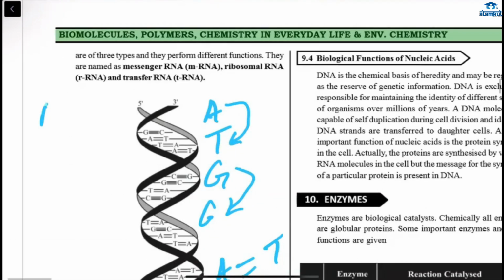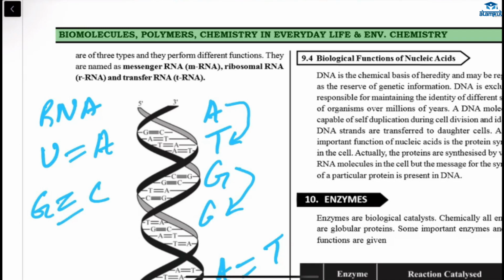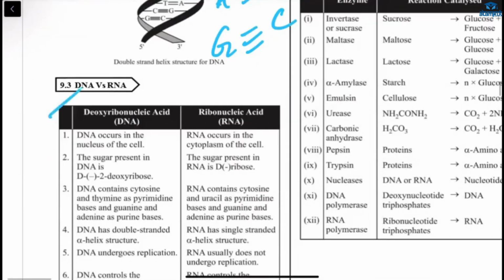RNA has uracil instead of thymine, so adenine will join with uracil, and in the same way guanine will join with cytosine. This is the difference between RNA and DNA, which is also given in the slide.